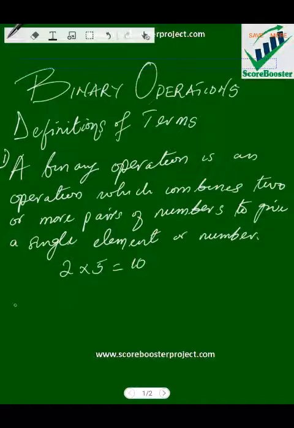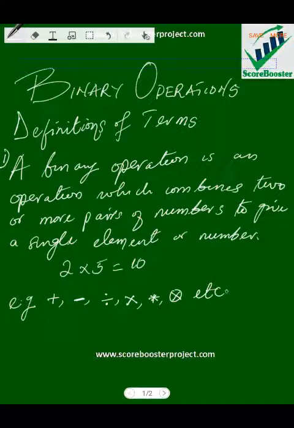For this reason, I say examples of binary operation are addition, represented by cross or plus, subtraction, represented by hyphen, division, represented by this, I don't know what to call it, multiplication, asterisk or stars, this form, etc. You have multiple of these examples.